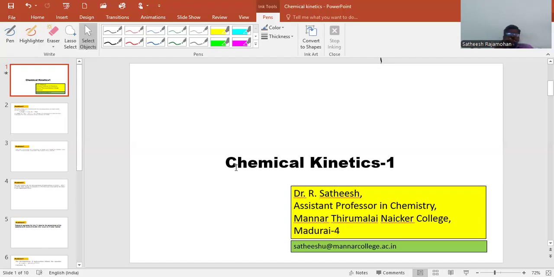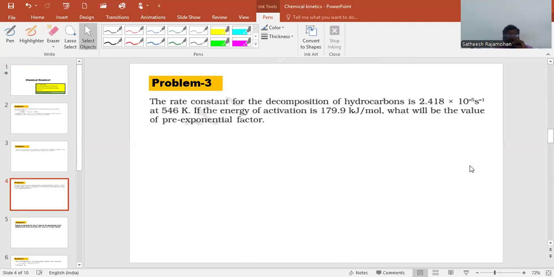Here, I don't want to say anything about theory. If you want to learn theory, you just refer to your textbooks. Good. So the first problem is from Arrhenius equation.